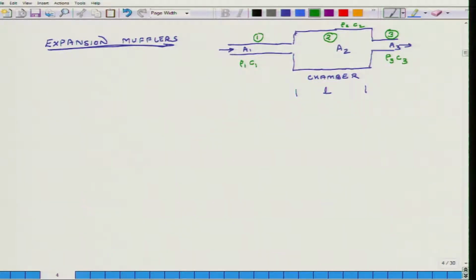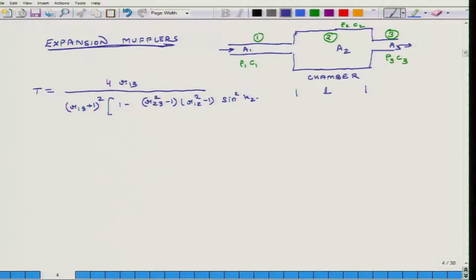Now, for purposes of analysis we will make some simplifications, but the basic equation for T, which is the transmission coefficient, that is equal to 4 R13 divided by R13 plus 1 whole square, times 1 minus R23 square minus 1, and the other one is R12 square minus 1, sine square K2L, divided by R13 plus 1 whole square.